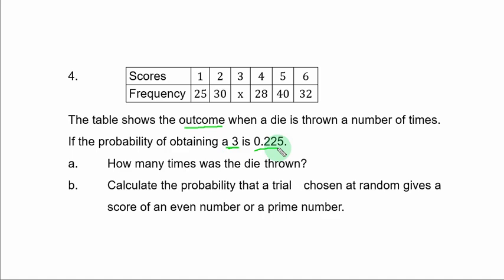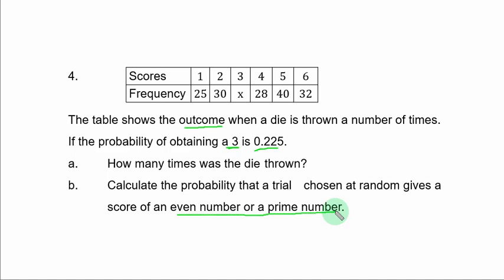B, calculate the probability that a trial chosen at random gives a score of an even number or a prime number. This is experimental probability. You can see the outcome.